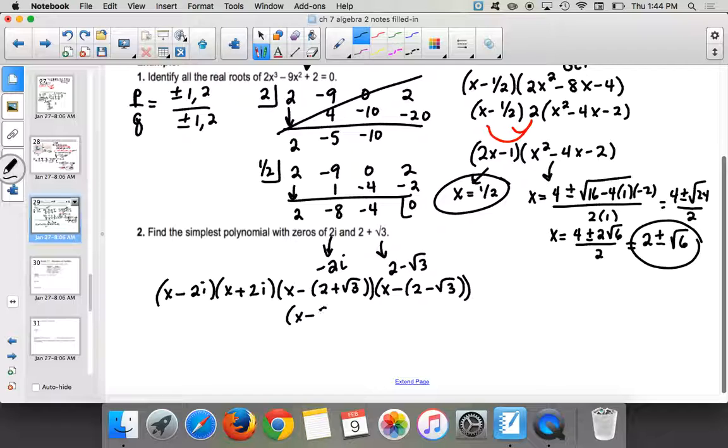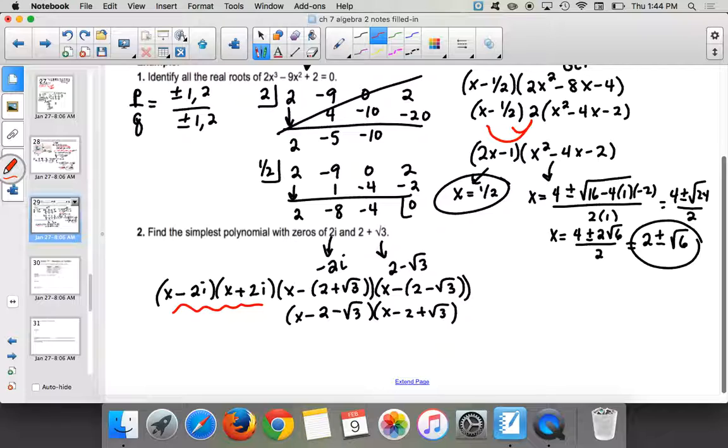So if I distribute that negative, it's going to be x minus 2 minus root 3 times x minus 2 plus root 3, like that. Some of you guys will know what this is, foiling it out already, because you know that something that's the sum of two squares will have answers of 2i and negative 2i. What is the sum of two squares that I'm looking for?